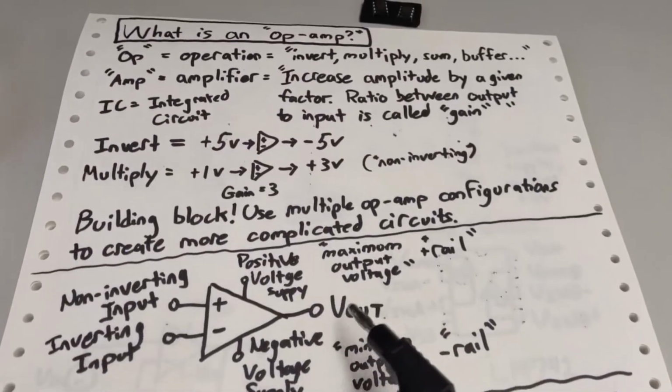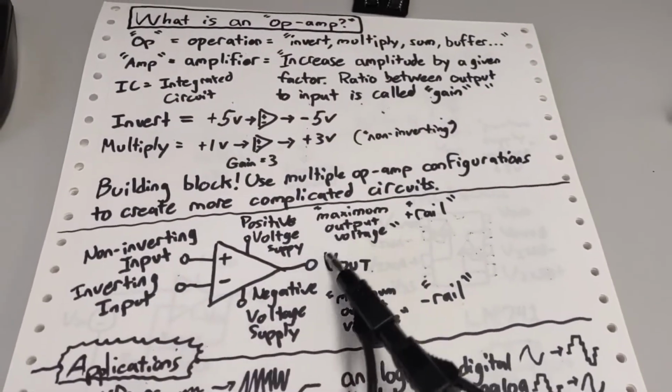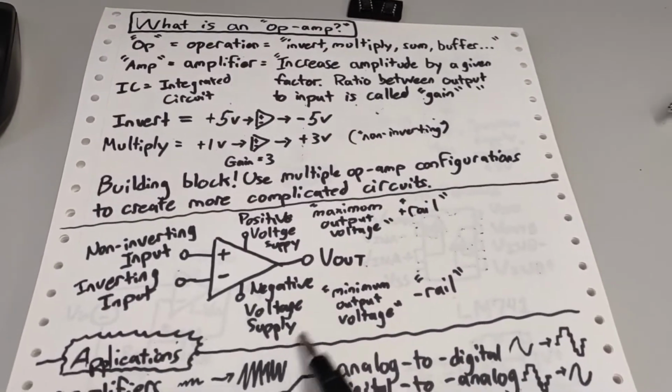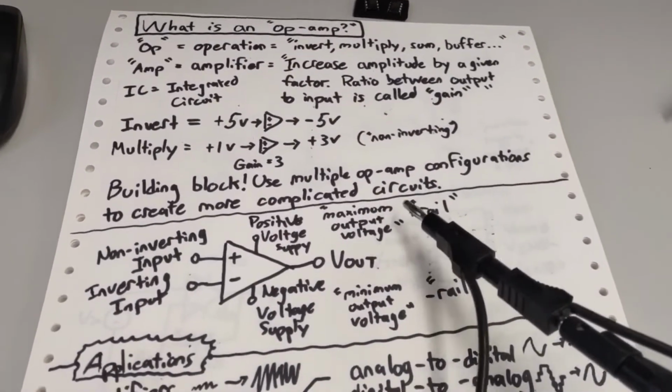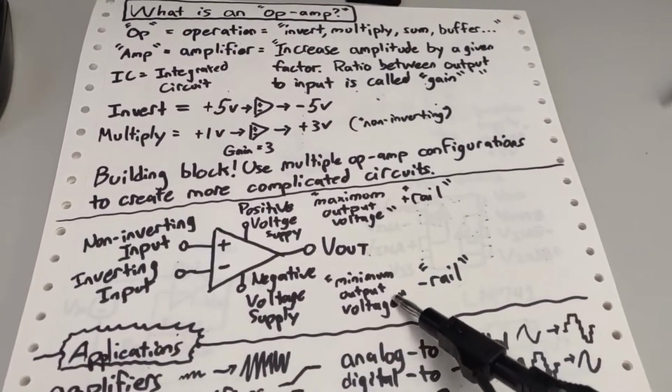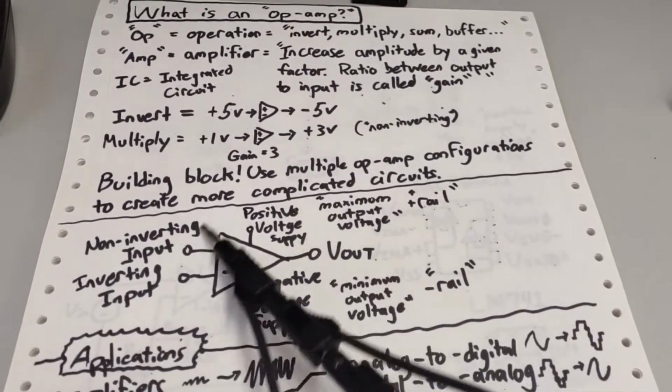However, that's probably not going to happen because you have a positive voltage supply and a negative voltage supply. These are usually looked at as the maximum output voltage and minimum output voltage of your amplifier circuit.